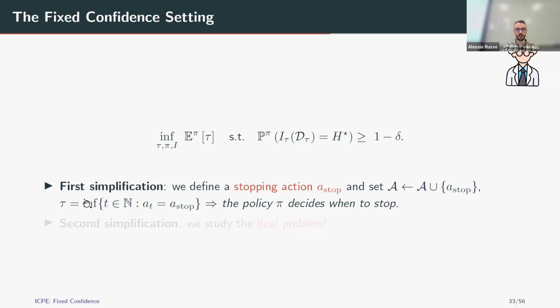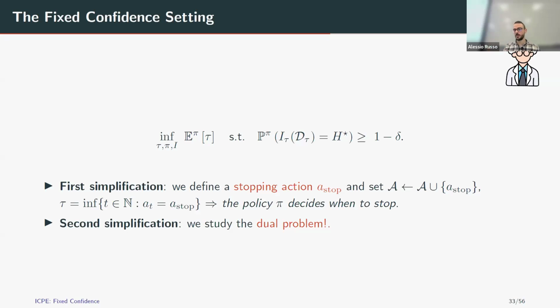And then we can define the stopping rule to be simply the first time step when the policy will select the stopping action. So this is the time at which we stop. And you can show that this doesn't change the value of the problem. This is admissible. And the next thing we do is to study the dual problem.